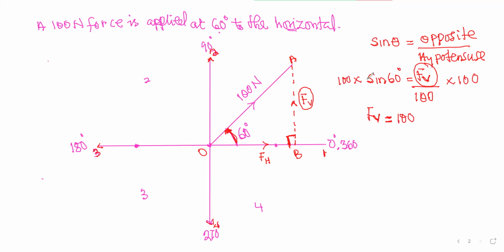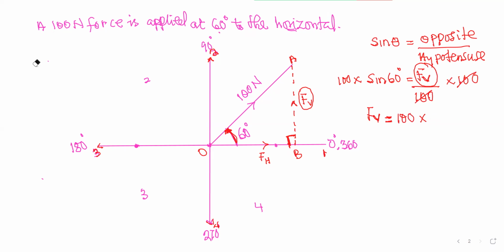Yes. And since sine 60 degrees is equal to 0.866, it's rather the cos 60 that is 0.5.